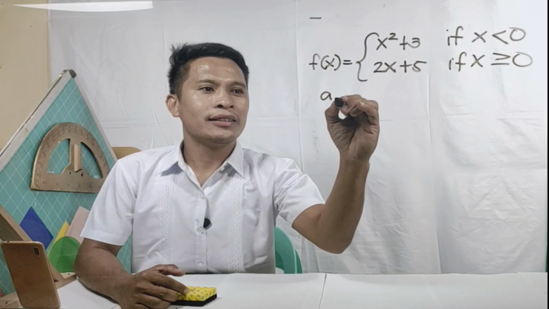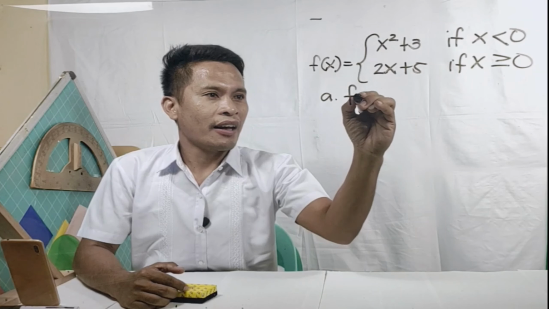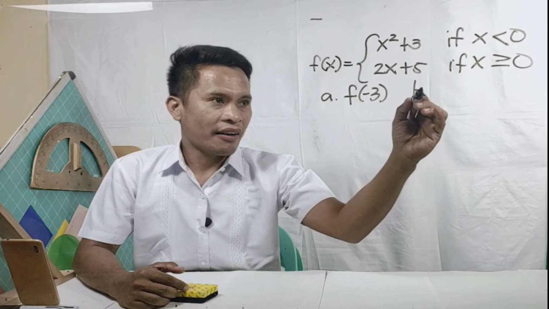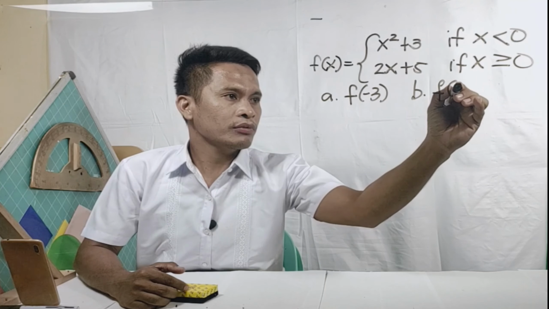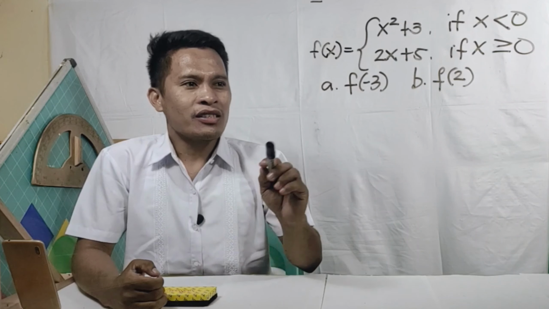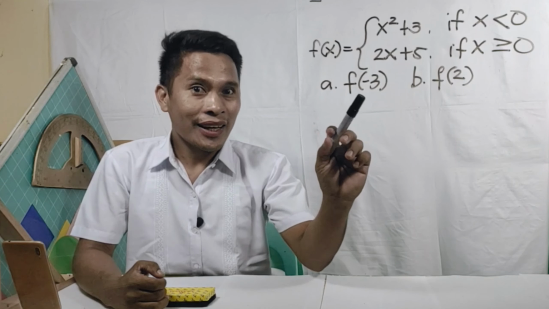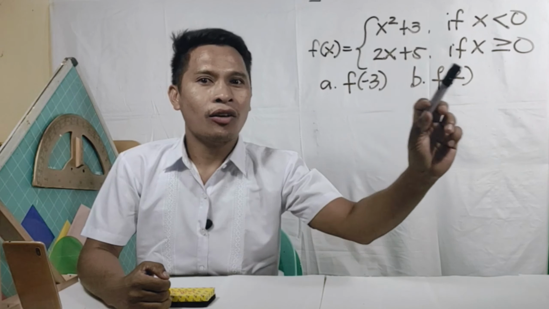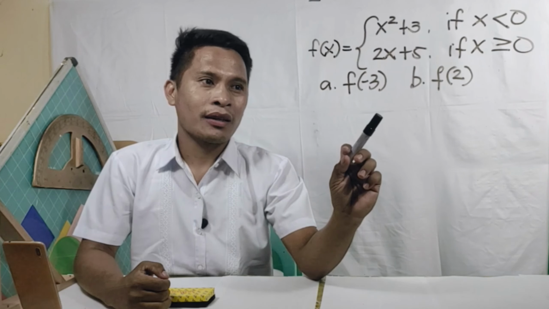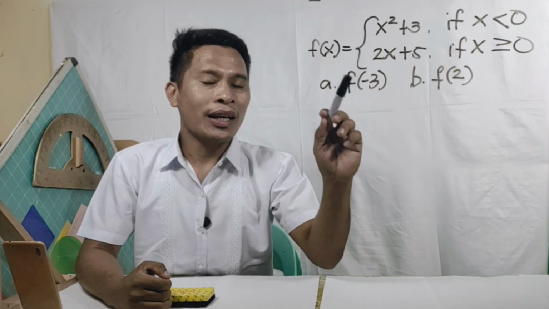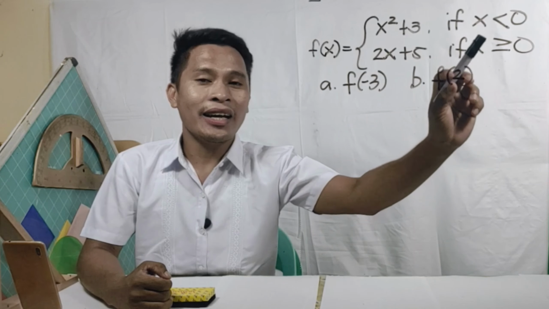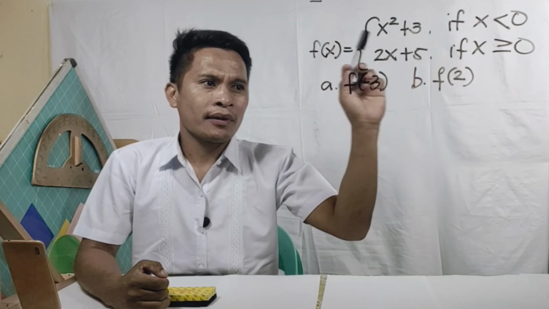Let's find A, f of negative 3, and letter B, f of 2. In solving a piecewise function, we cannot directly substitute the value of x in any of the lines of the piecewise function. First, take a look at where the value of x falls in any of the restrictions.